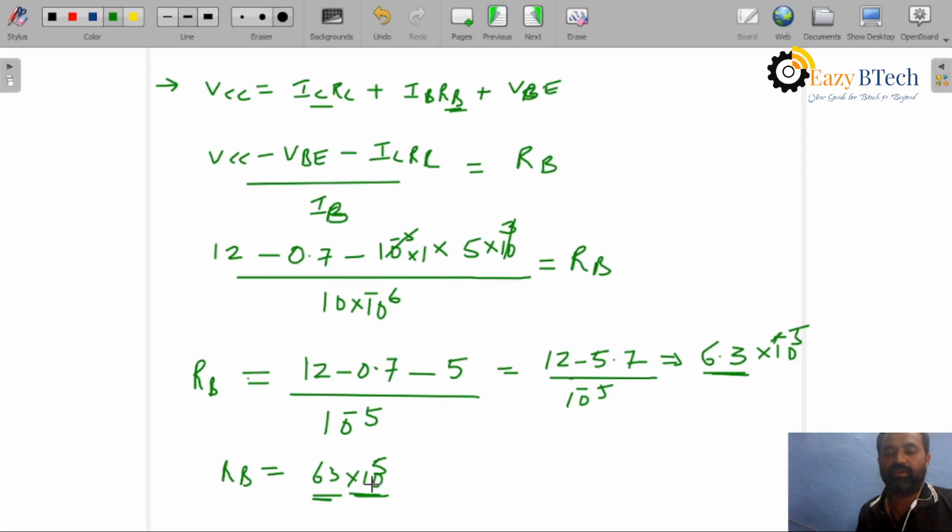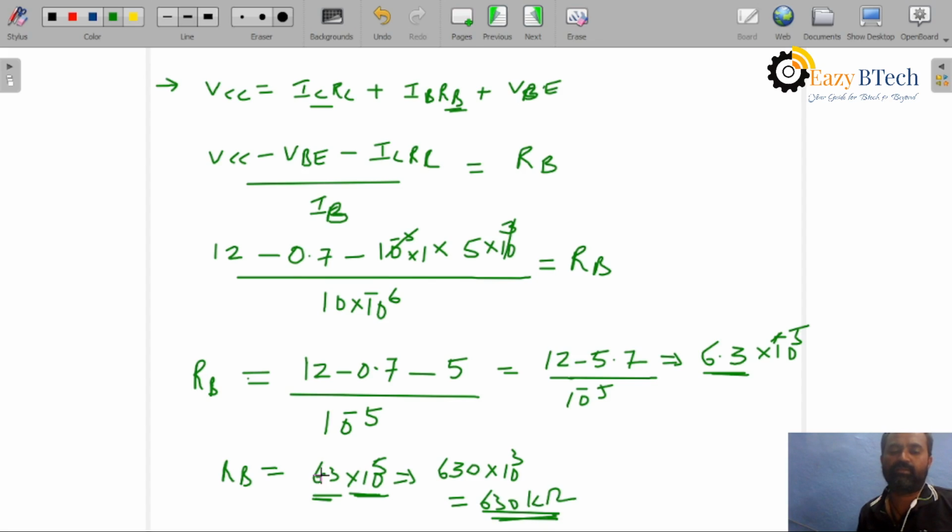If you write 6.3 into 10 power 5, you get 63 into 10 power 4, and with the decimal adjustment, you will get 630 kilo ohm.